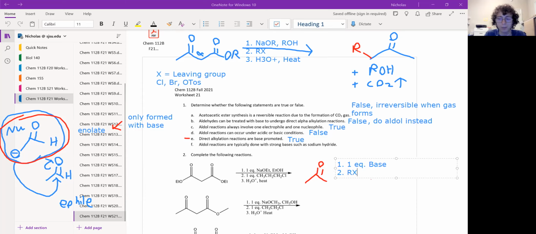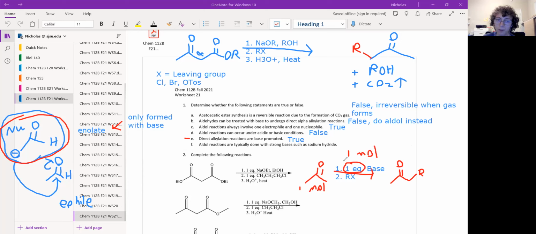And then the second step, you add something with a leaving group. And that would be the typical product. But what's important for this question is you're adding one equivalent. Like if there was 1 mole of the ketone, you're putting in 1 mole of the base.